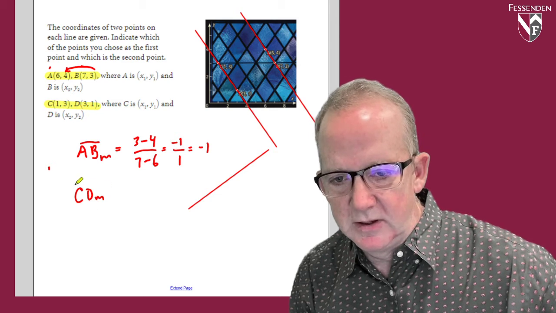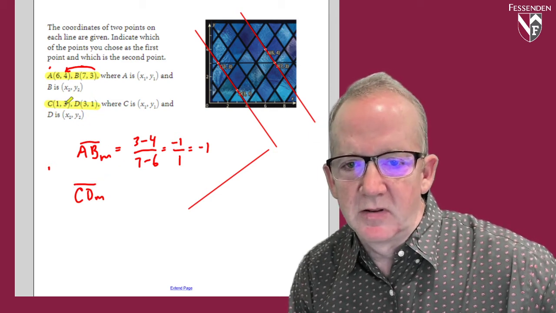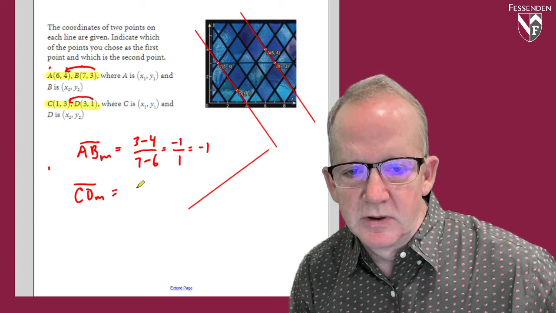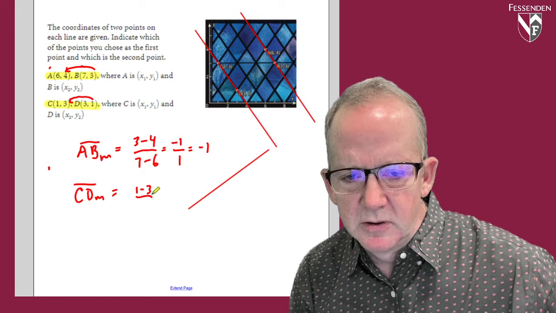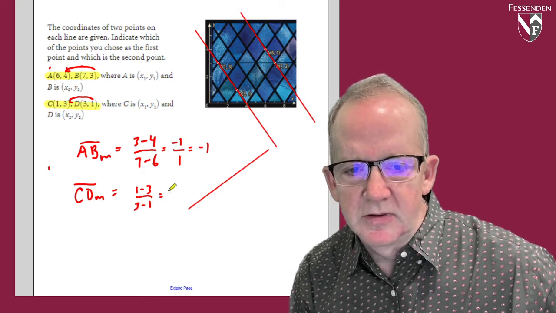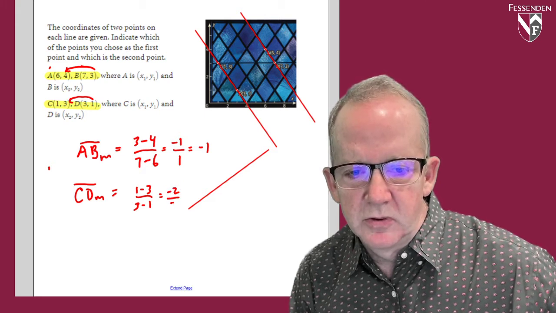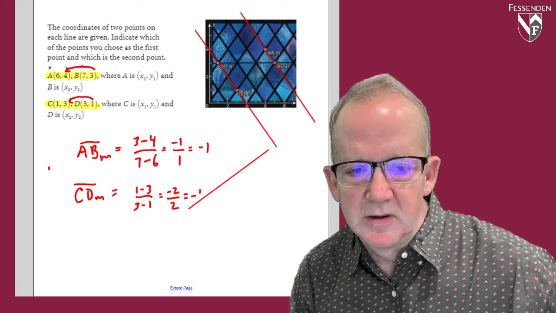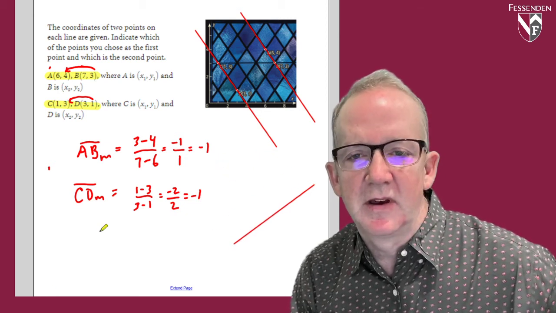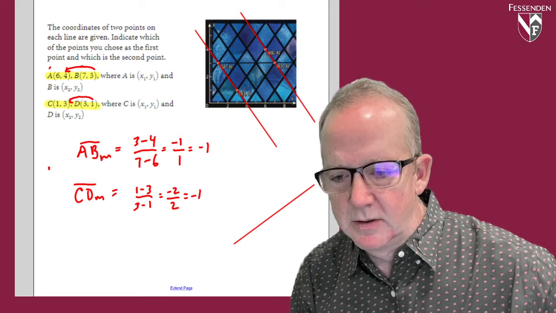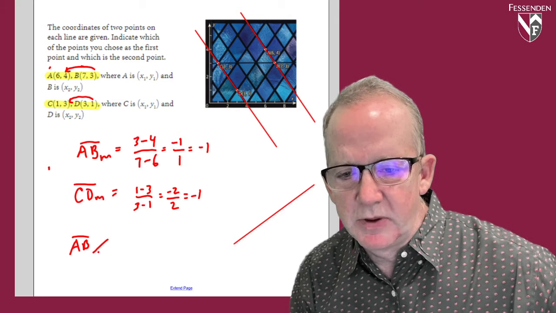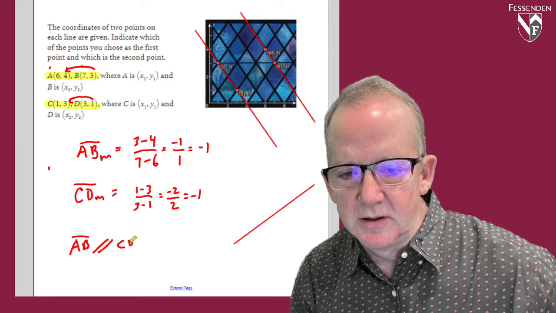And so for CD, that'll be 1 minus 3 over 3 minus 1. Right now it looks like it might be different, right? And that's going to be negative 2 over 2. Oh, it turns out that it is the same. All right, so those slopes are the same, and so we can say that segment AB is parallel to segment CD.